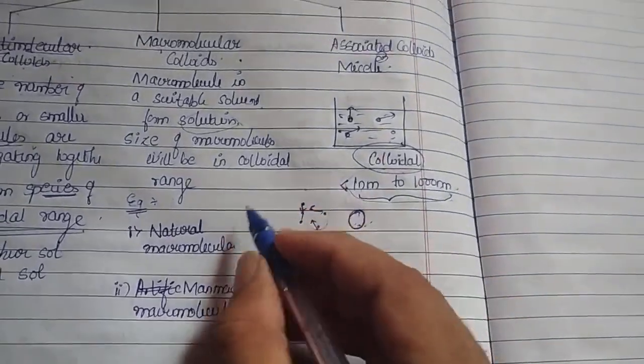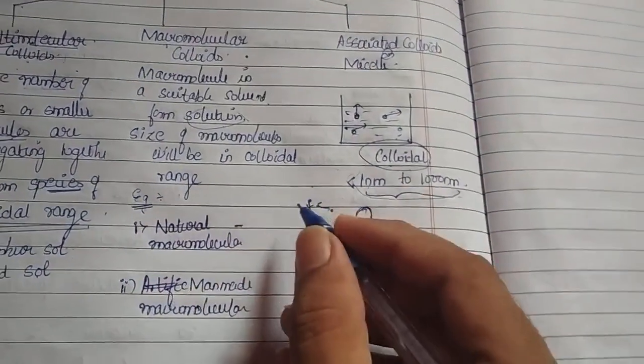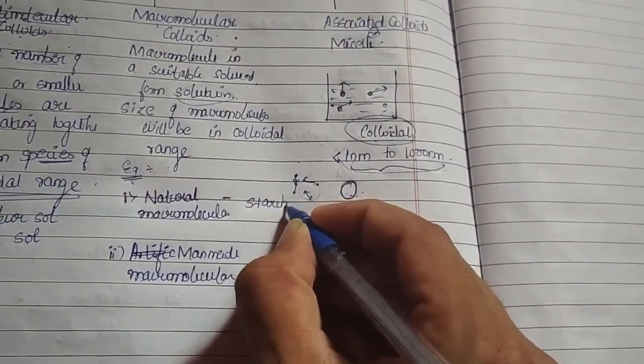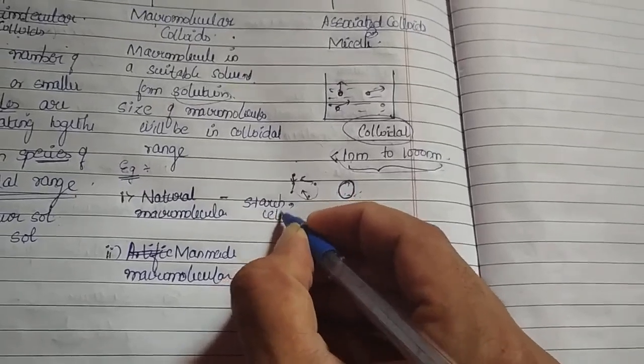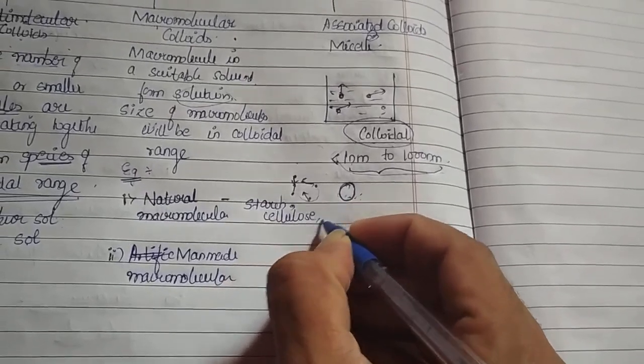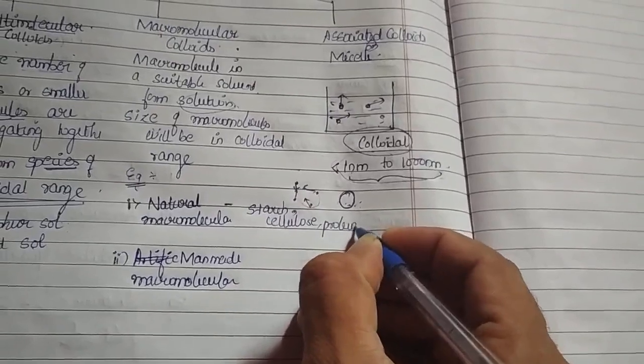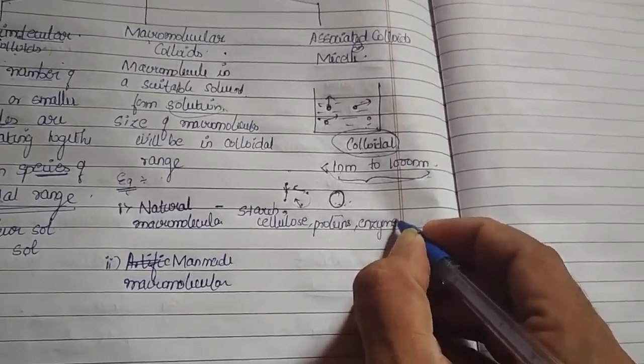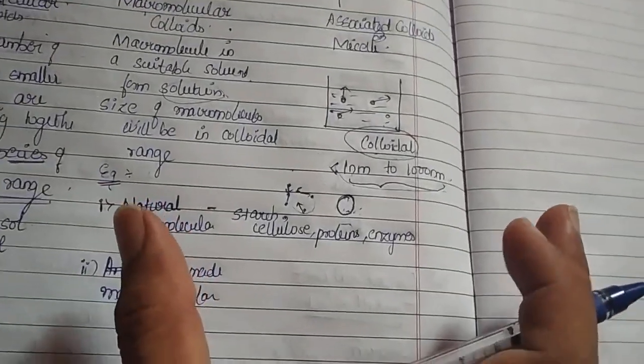When we look at natural macromolecular colloids, we have examples such as starch, cellulose, proteins, and enzymes. Basically, these are the things present in our body. Of course, when we see the structure, it's a bulk structure.